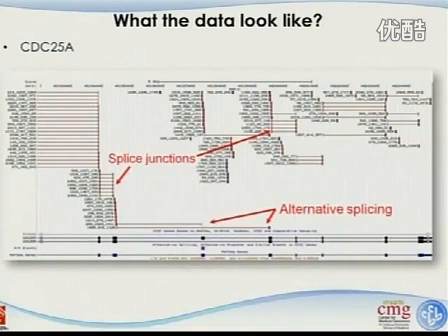Okay? This is one of the examples of what the data will look like. Let's go through this slowly. You can see that this is one gene. There are many different exons, and there are introns. We observed these reads, called exonic reads, meaning those reads only fall into the exon region.